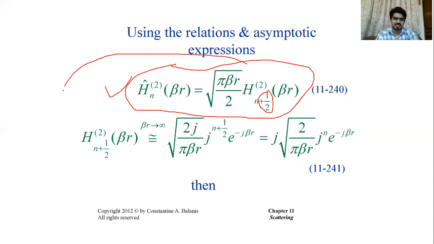Once we convert that to a Hankel function of second kind, we know that for a large argument, we have the asymptotic expansion in terms of the exponential function. So we will use this first identity, which connects the Schelkunoff spherical Hankel function to the typical Hankel function, and then apply this large argument asymptotic expansion, and we will finally represent that in terms of exponential functions.